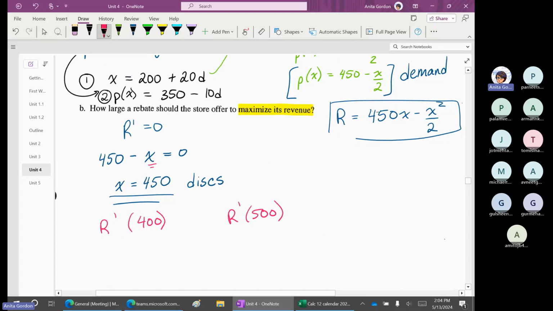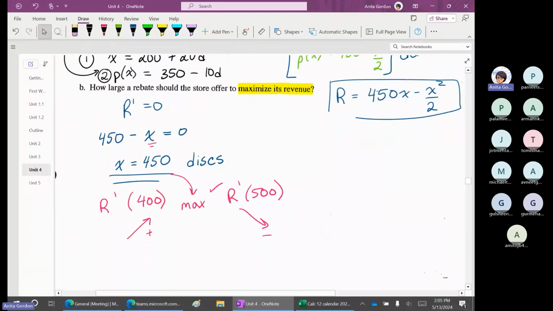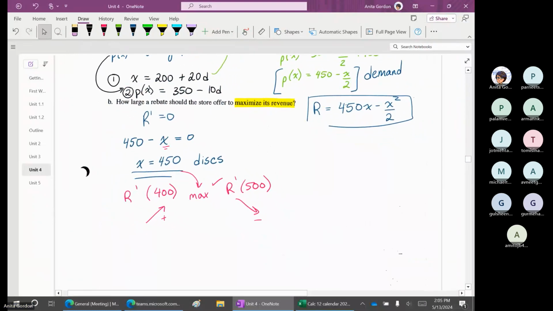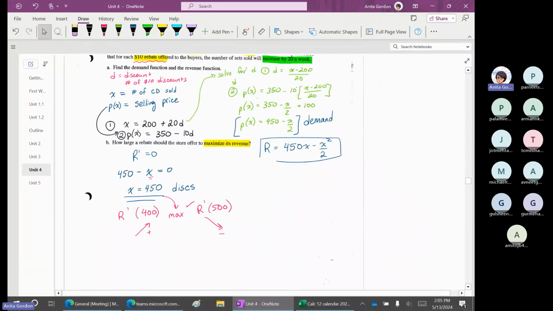If I put 400 into here, I get a positive number. If I put 500 into there, I get a negative number. So this is a max. That is confirmed. Okay, what else do I need to do? I've been told the number of discs. I want to know the price.